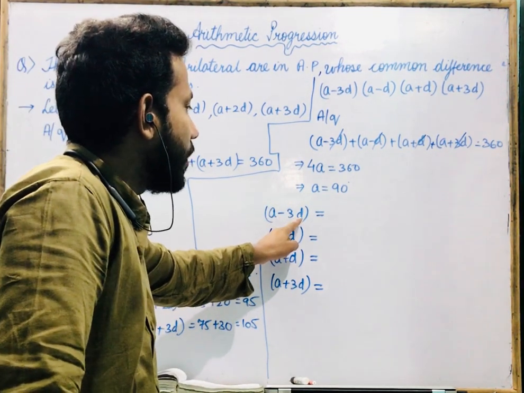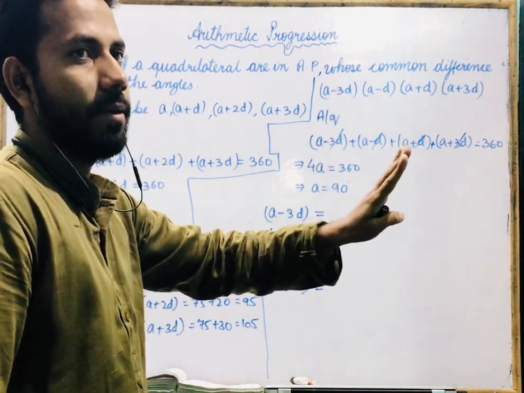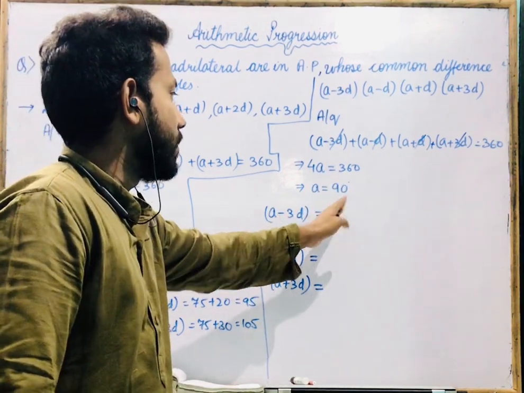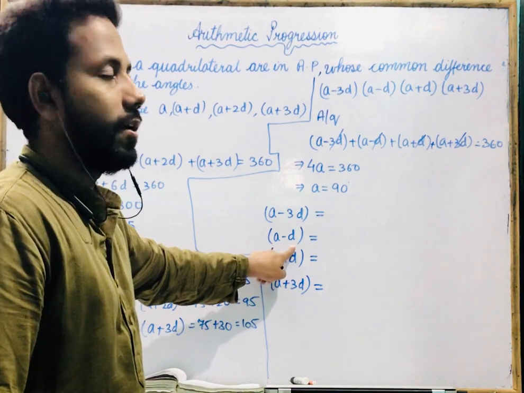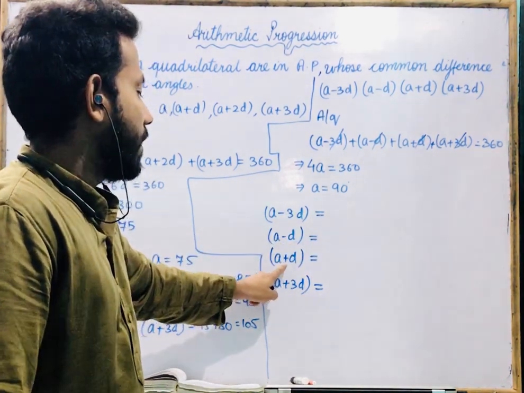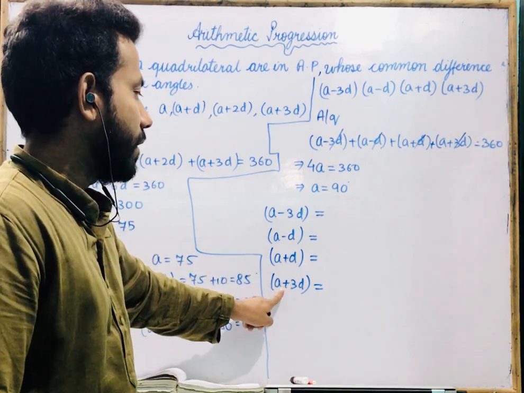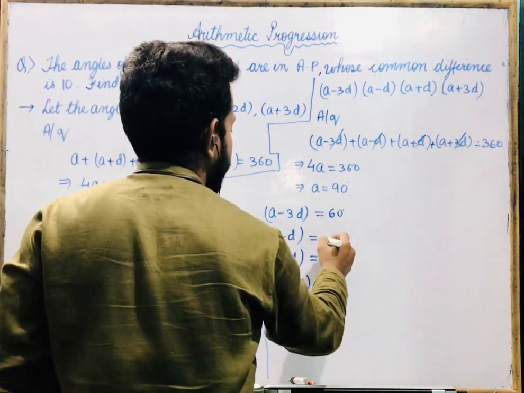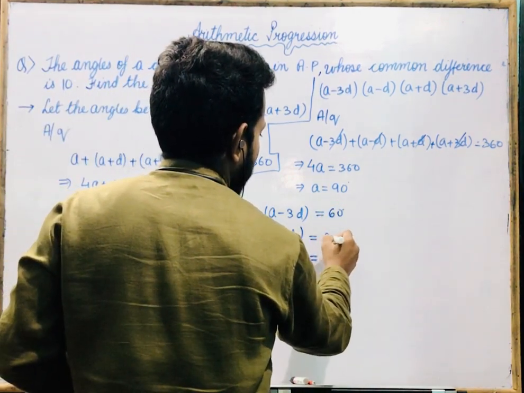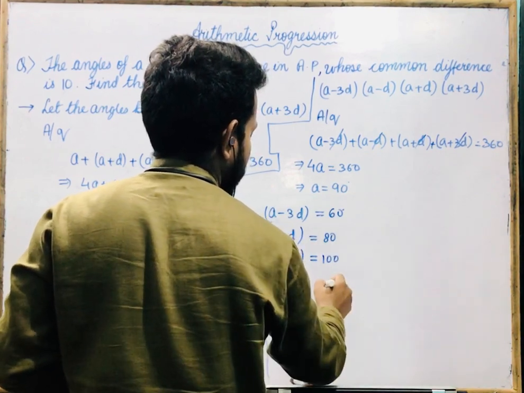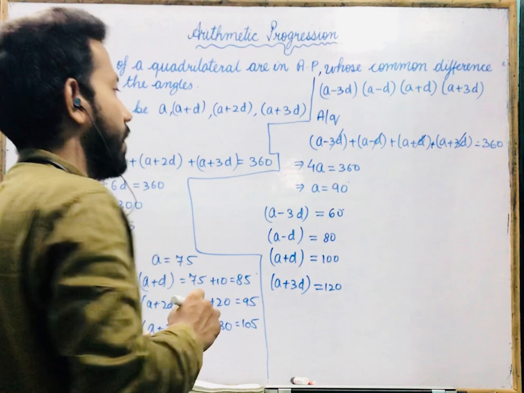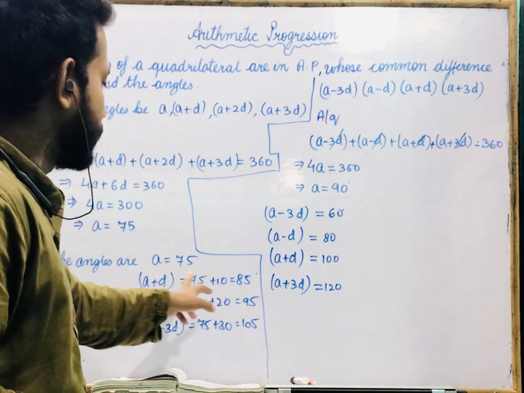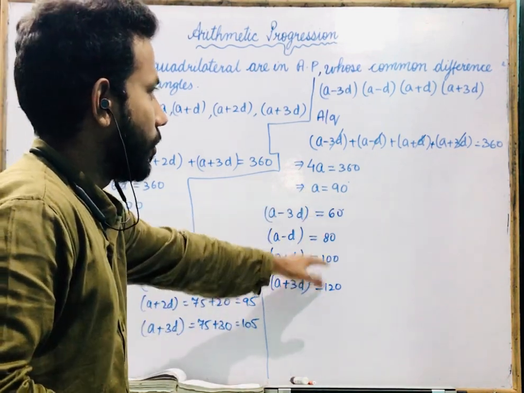So 90 minus 3 into 10 you will get 60, so the first angle is 60, 90 minus 10 is 80, 90 plus 10 is 100, 90 plus 30 is 120. So this is 60, 80, 100, 120. When you add it you get 360, but is it correct? These are your answers, and this is what you get after doing this.